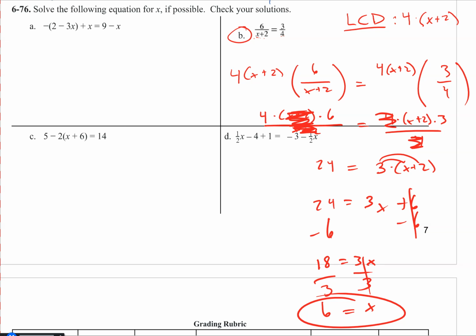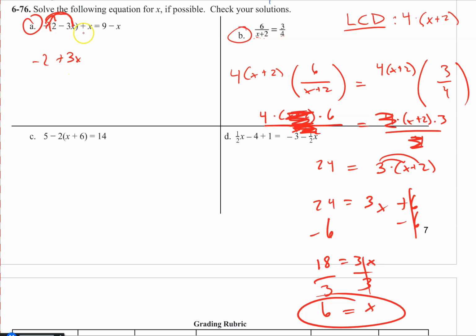Alright, part A. I have a minus sign outside the parentheses. So the first thing I'm going to do is distribute that minus sign. It's kind of like having a negative 1 right there. Distribute the minus sign, so 2 becomes negative 2, and minus 3x is now plus 3x, because a negative times a negative, that's positive.